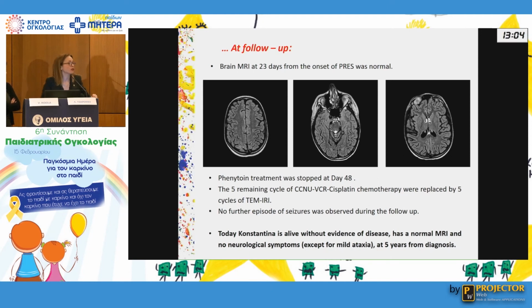Because we thought in that case that the cytotoxic drug could have caused the endothelial damage at a multisystemic level, we decided to stop the chemotherapy with cyclophosphamide, vincristine, cisplatin that she was scheduled to receive for another 5 cycles, and to replace this chemotherapy with a less toxic regimen, which was the Temiri.